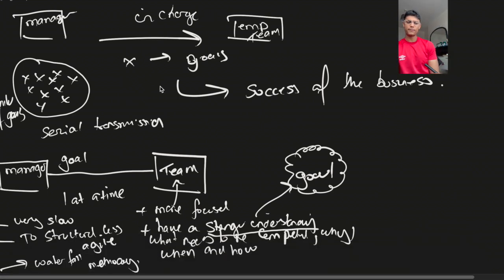But still, in this case, serial transmission does have its benefits. The team is better focused, the team knows what's going on, the team has a better understanding of how to complete their goal. Let's move on to parallel transmission.